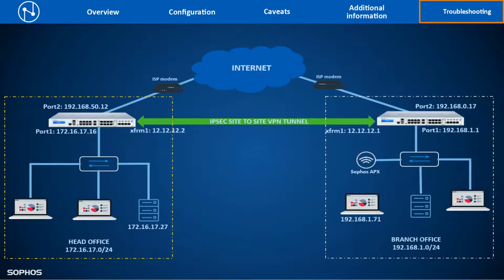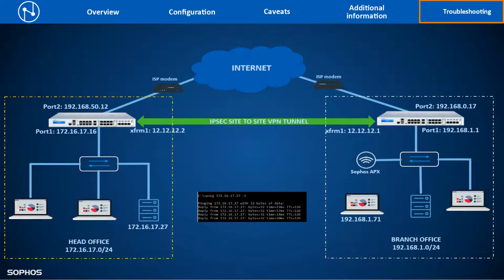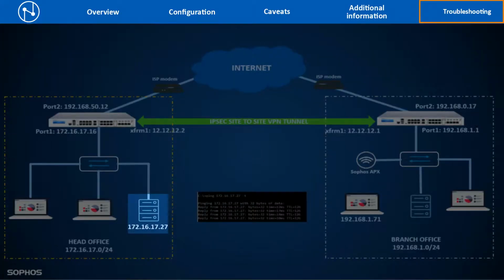Finally, let us see some of the troubleshooting steps to identify the traffic flow for the route-based VPN connection. Considering the network diagram as the example, and a computer having the IP address 192.168.1.71 located in the branch office and trying to ping the web server located in the head office.